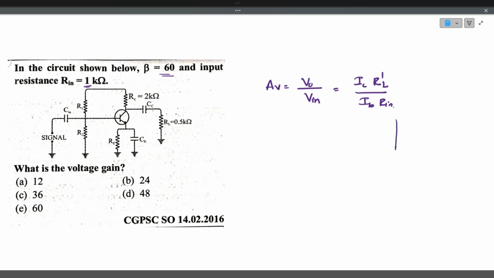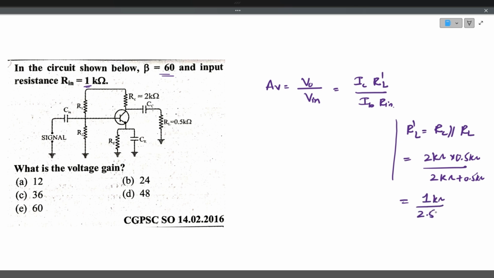RL dash is calculated like this. RL dash is nothing but the collector resistance in parallel with the load resistance. So if you calculate this, 2 kilo ohms times 0.5 kilo ohms divided by 2 kilo ohms plus 0.5 kilo ohms, this will be approximately 1 kilo ohm divided by 2.5 kilo ohm.